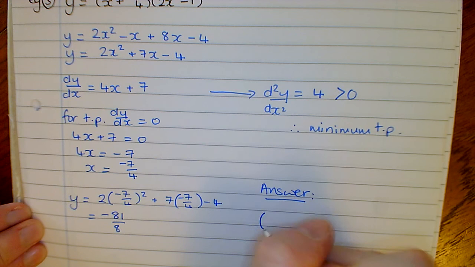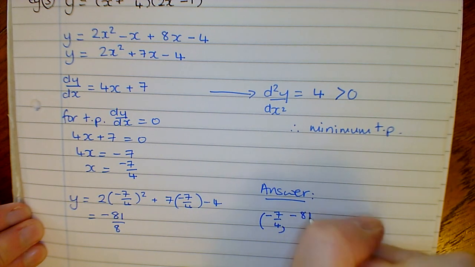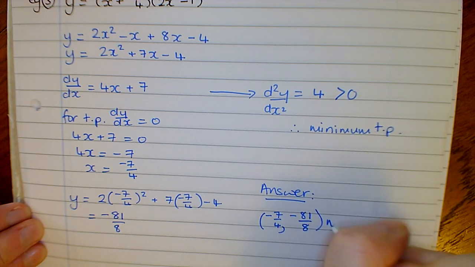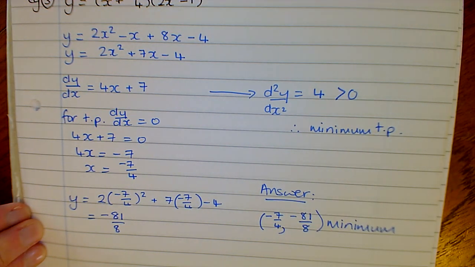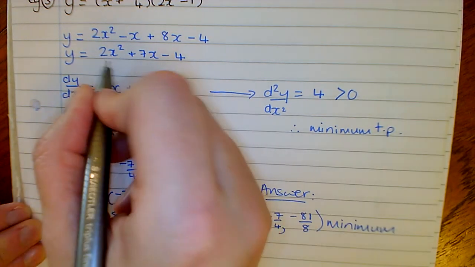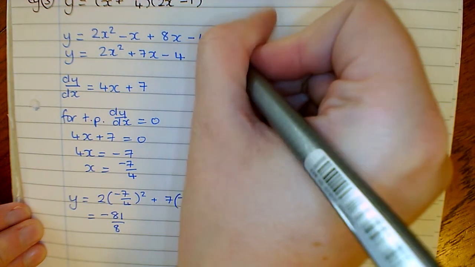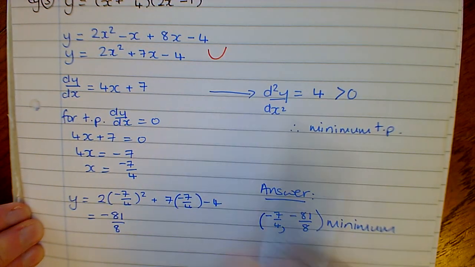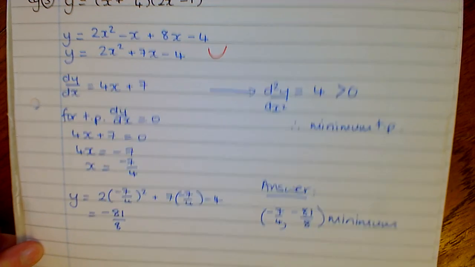So our answer, our coordinates are minus 7 over 4, minus 81 over 8. And it's a minimum turning point. And again, just looking at the equation of our quadratic, it's a positive quadratic, so you know it's your smiley face shape, so you would expect to get a minimum turning point.